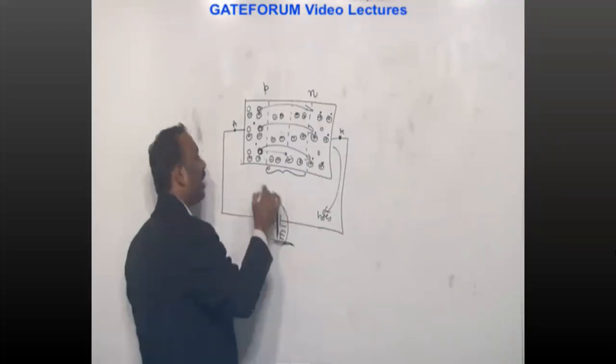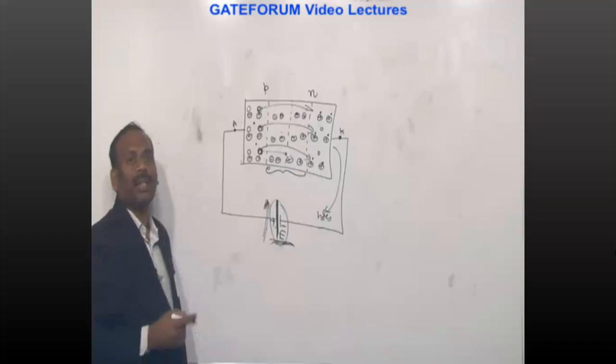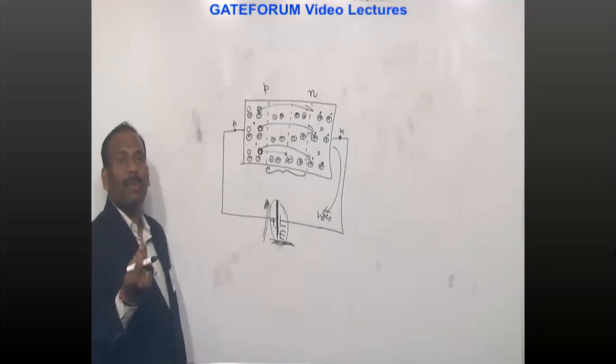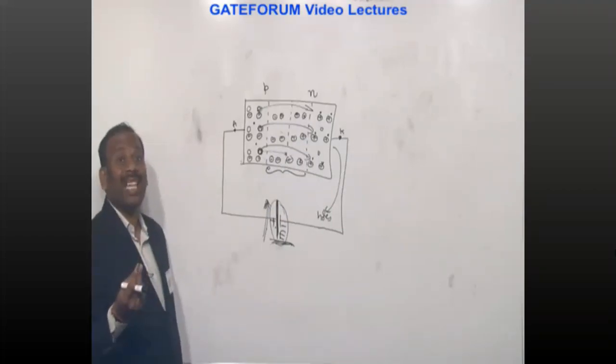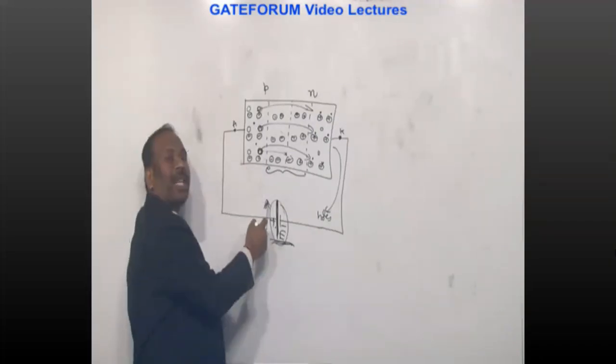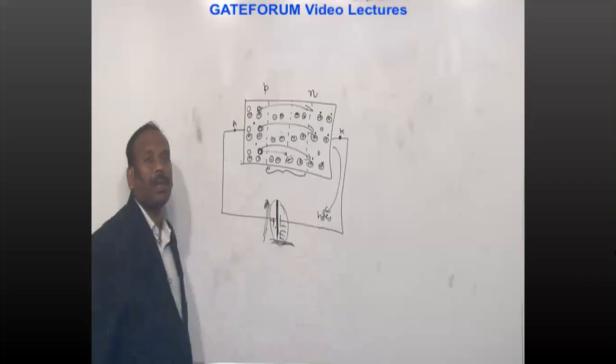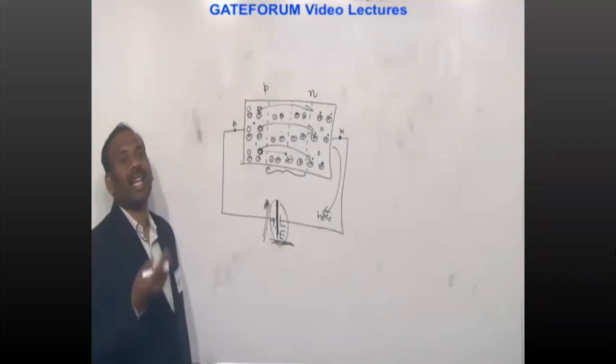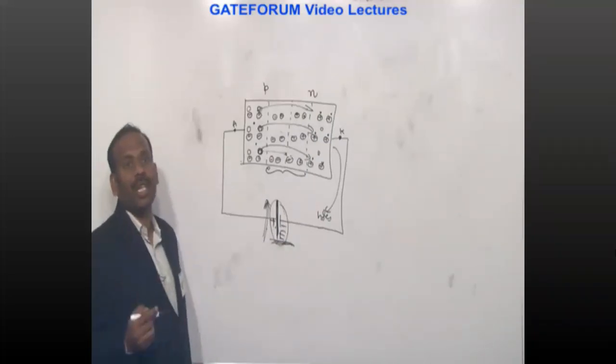As the voltage keeps increasing, more charge carriers are crossing the junction, the width of the depletion layer is decreasing, current is increasing. At a certain point of time, all the charge carriers will acquire sufficient energy, so a large number is going to cross the junction. That means current increases exponentially.